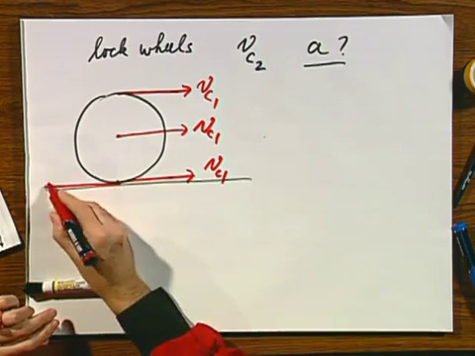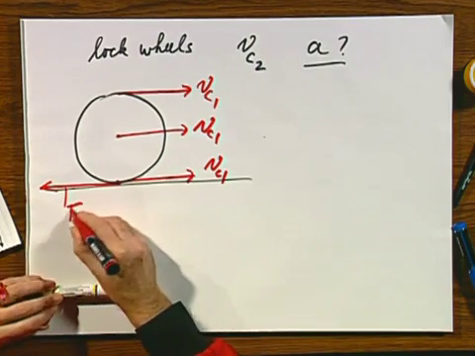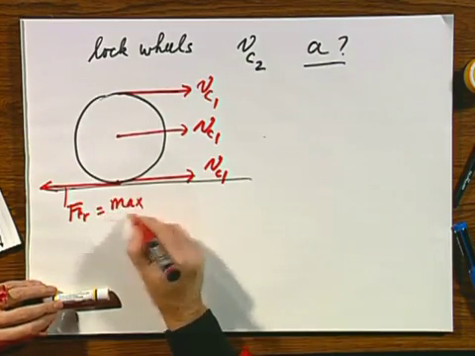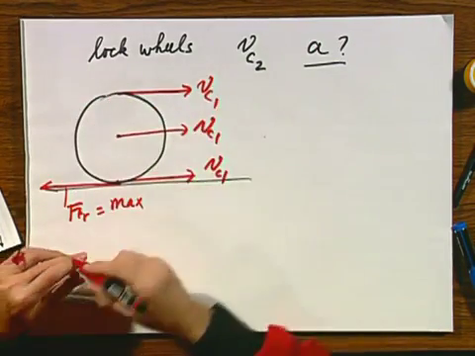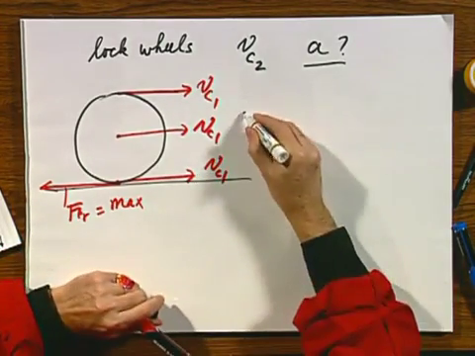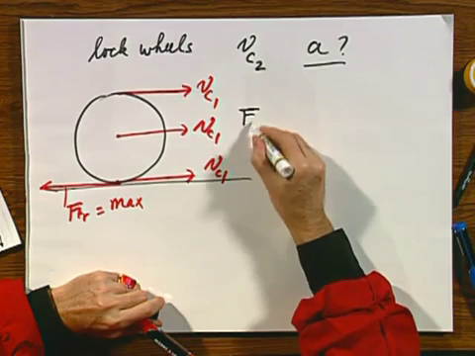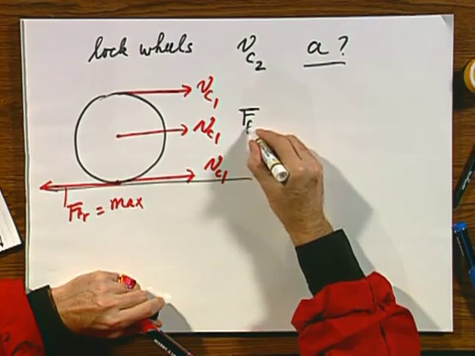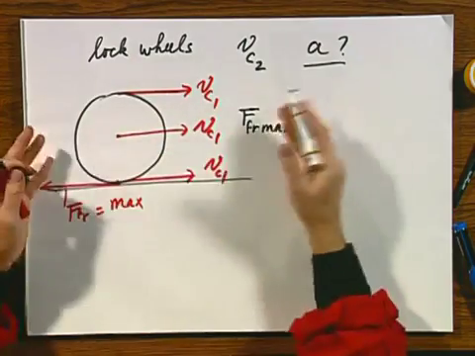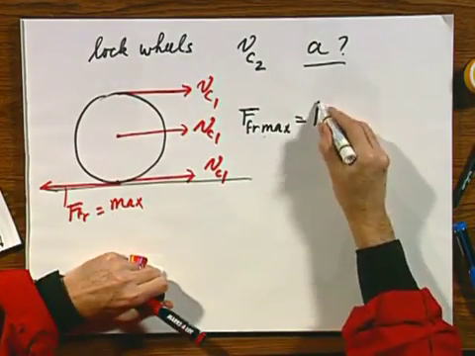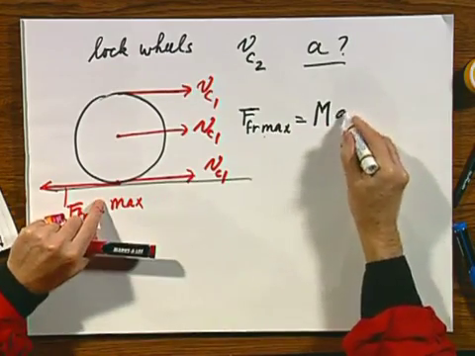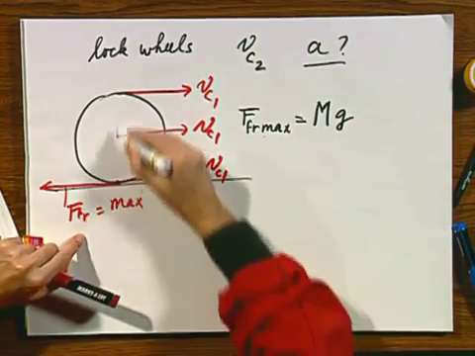And here I will have a frictional force, which is the maximum value possible because the whole thing is skidding. Well, the maximum friction, and I'll take all 4 wheels together, it makes no difference, involves the total mass of the car times g, which is this normal force.